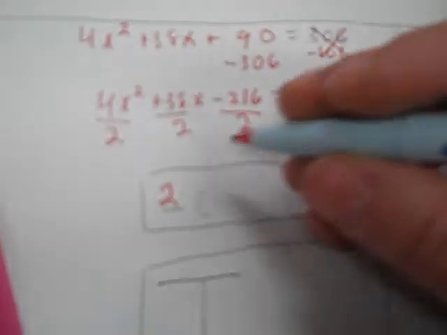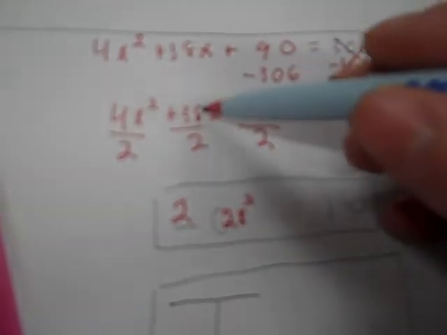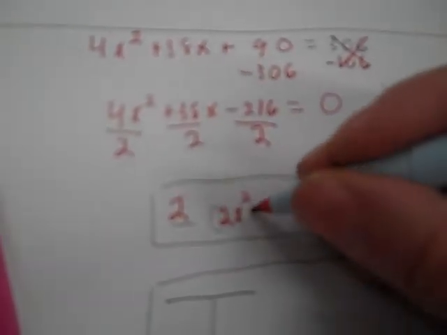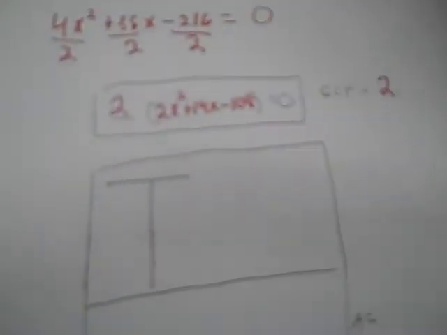And then I divide these by 2. 4 divided by 2 is 2, and then we have our x to the second power, because I'm not dividing by x. 38 divided by 2 is 19. And negative 216 divided by 2 is negative 108, so I put minus 108. Now the GCF's out.